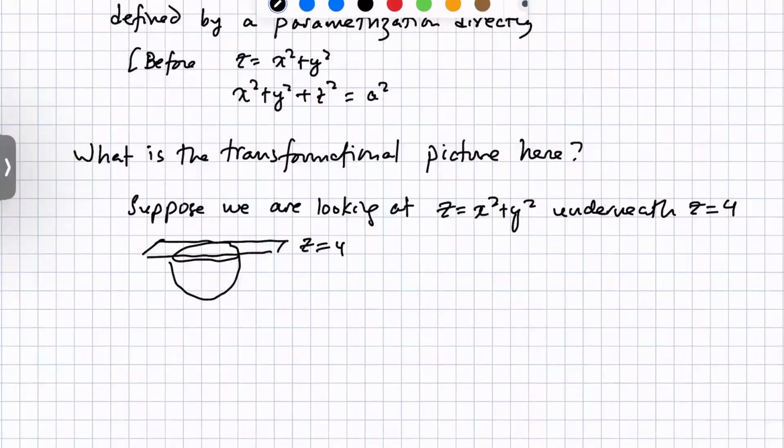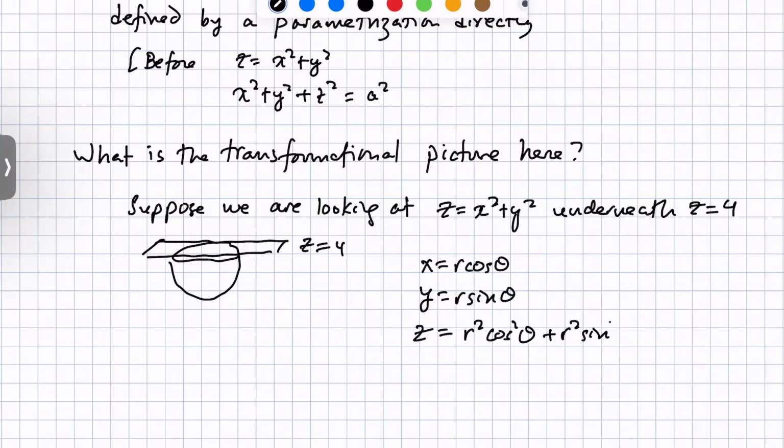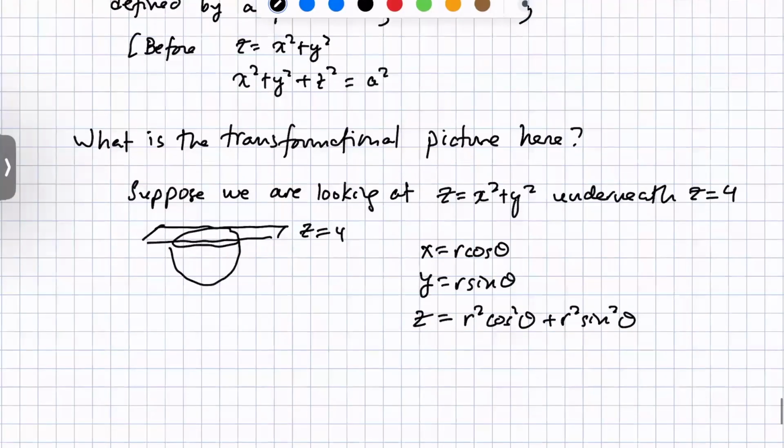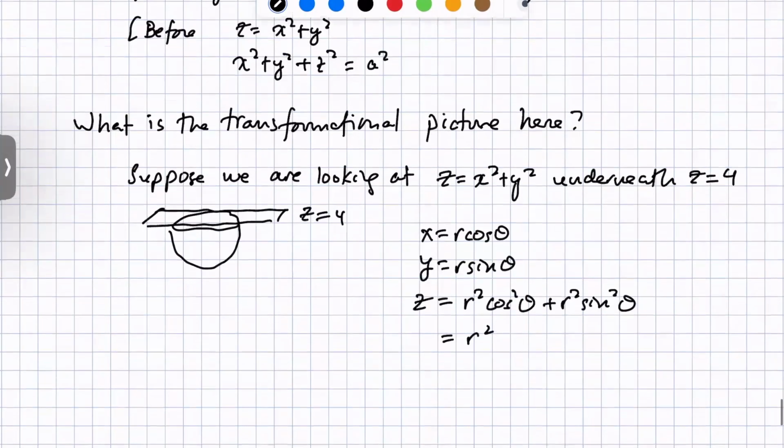And the parametrization would be x equals r cosine theta, y equals r sine theta, and z is r squared cosine squared theta plus r squared sine squared theta. And that's equal to r squared. Here, if you look at the intersection, it's x squared plus y squared equals 4. So this is a circle of radius 2.